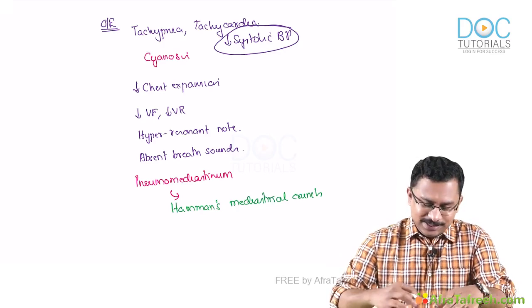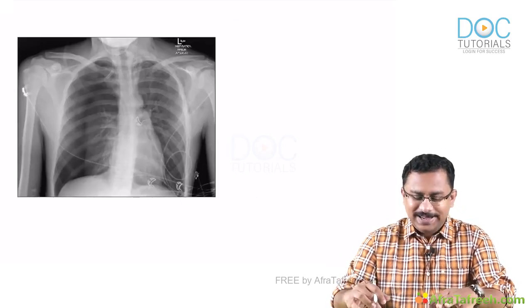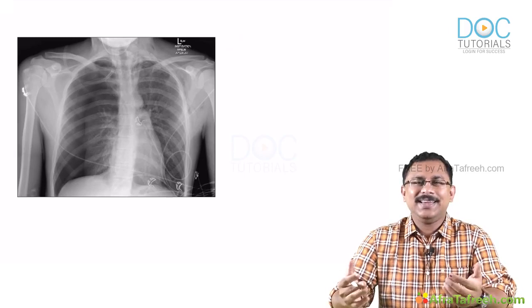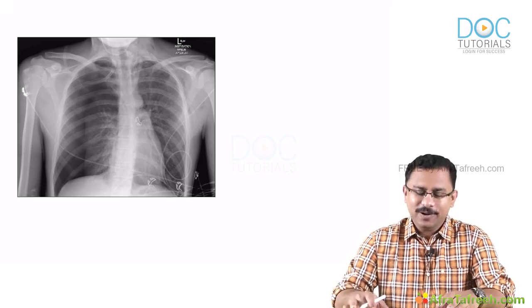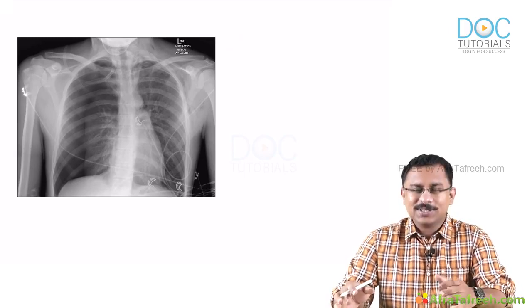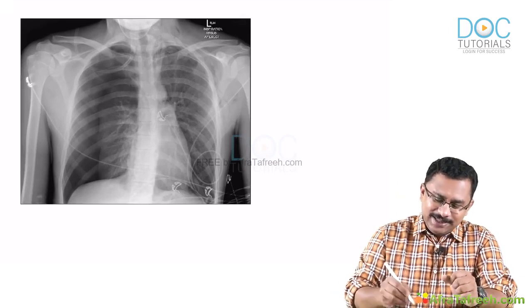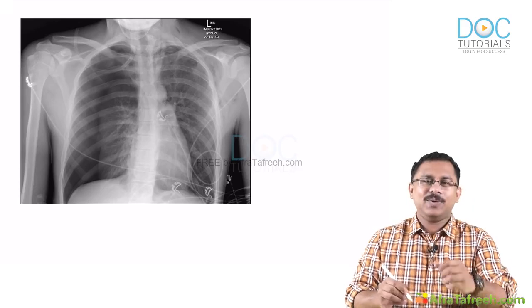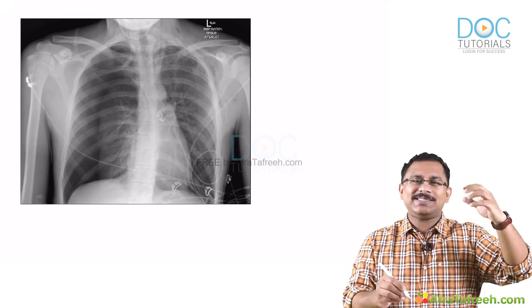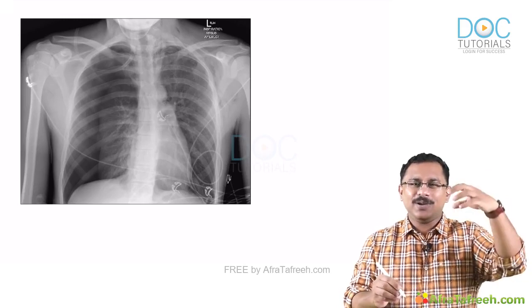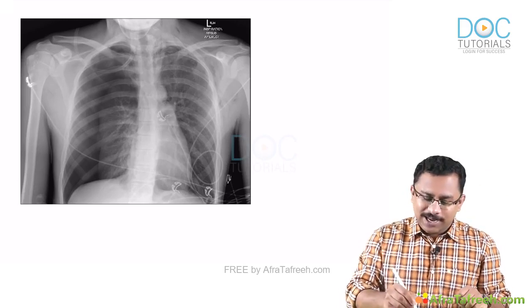Now just seeing the X-rays. Remember, X-rays can often clinch the diagnosis. Can you spot the abnormality here? You see here the right side. When air accumulates in the pleural cavity, the region where you have the air accumulation will become more dark.